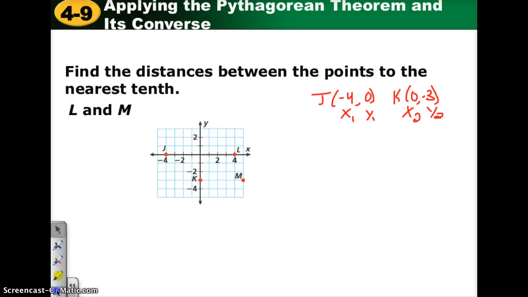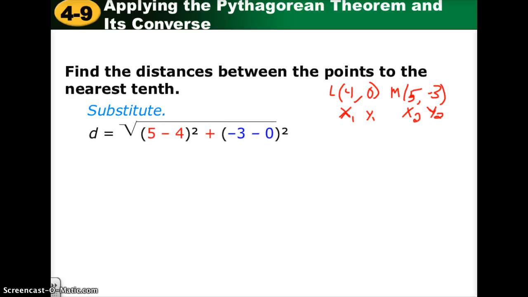Let's check out L and M. So let's change those ordered pairs. So we have L, which is going to be at 4, 0. Label x1, y1. And then we have M, which would be at 5, negative 3. So again, we have x1, y1, or x2, y2.